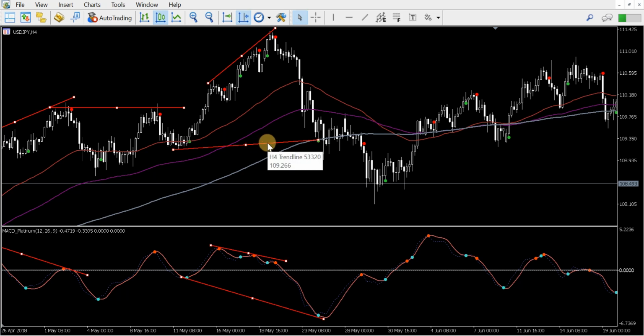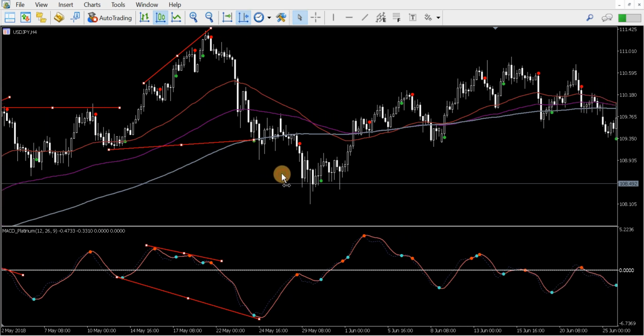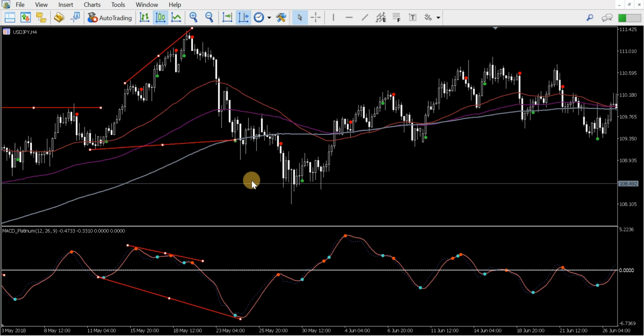After all the testing I've done recently in the last month or so, I've been spending a lot of time looking at this. Hidden divergence tends to work out pretty much most of the time. When I say work out, if I hedge, it will work out. Not 100%, but geez, it's right up there.